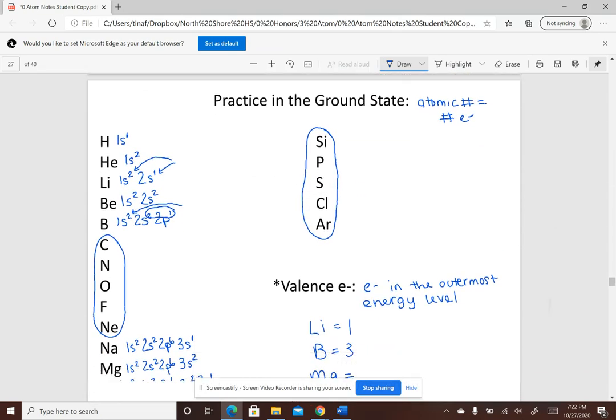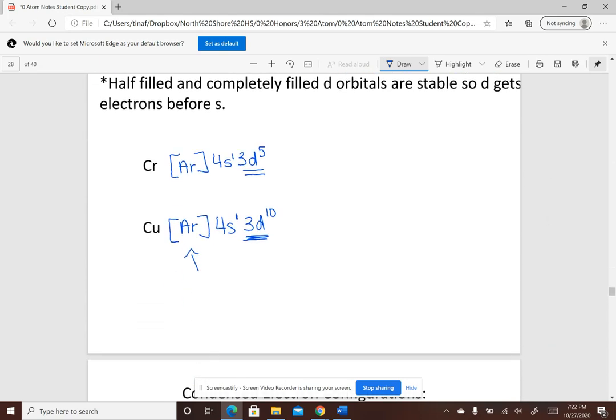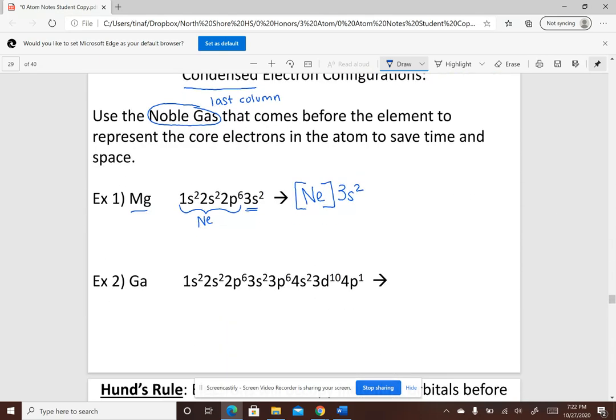So instead of writing all of this, I would say, okay, all of that came from argon. So let's just write argon in brackets, and then I can start fresh. Okay, in the 4th row, I filled up an s orbital, I filled up my 3d orbital, and I filled up my 4p1 orbital. So that's a nice shortcut.